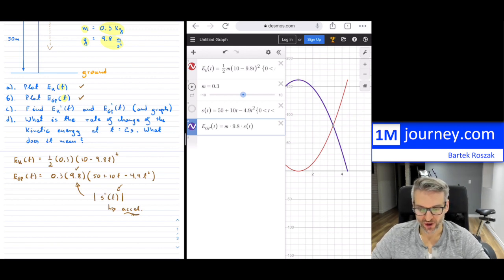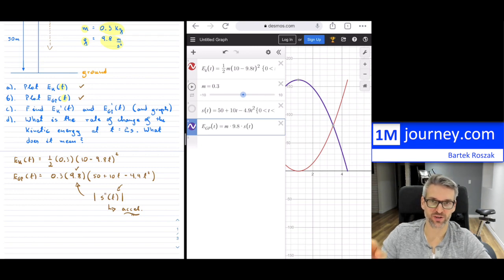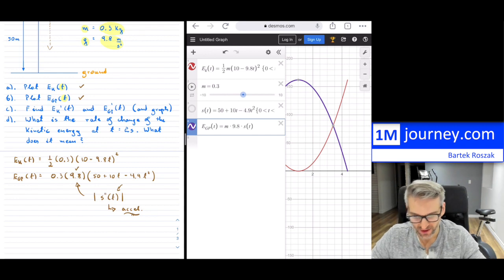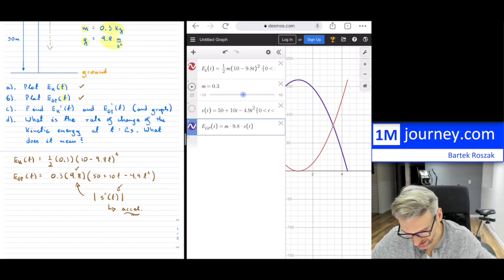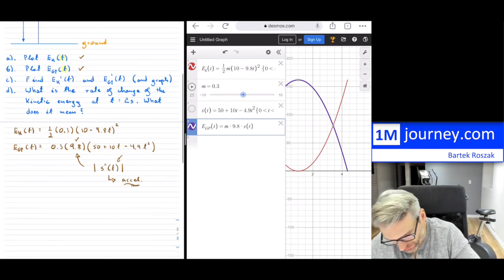Now, with regards to derivatives, it says to find the derivative of your kinetic energy function and then find the derivative of your gravitational potential energy. I'm looking on the left in part C, and then graph them. That's not a big problem here. This is a relatively simple calculation.